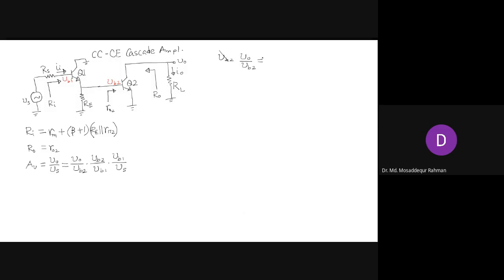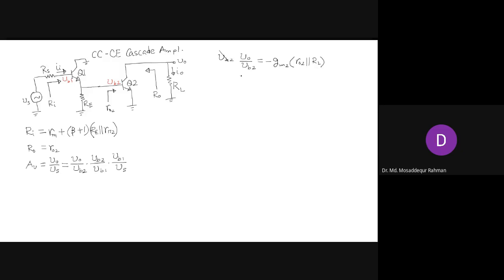So what will be this gain expression? Minus GM RL parallel R not 2. You should write actually GM2, as you got in your previous circuit. GM2 means the transconductance of the second transistor. So GM2 multiplied by this parallel combination of R0 and RL.